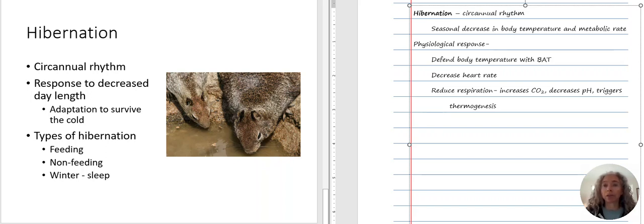The Zeitgeber for circannual rhythms is almost always day length and not ambient temperature. This helps maintain some balance of routine and not a stochastic response to the environment.